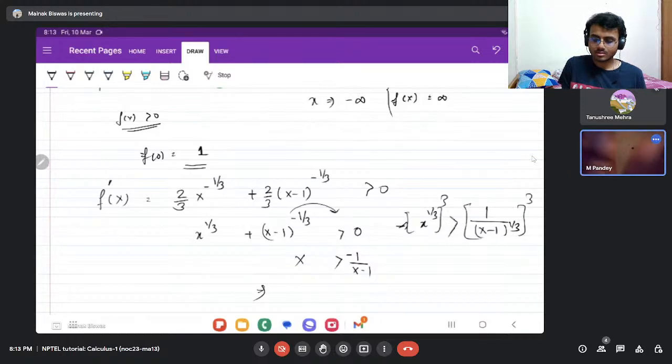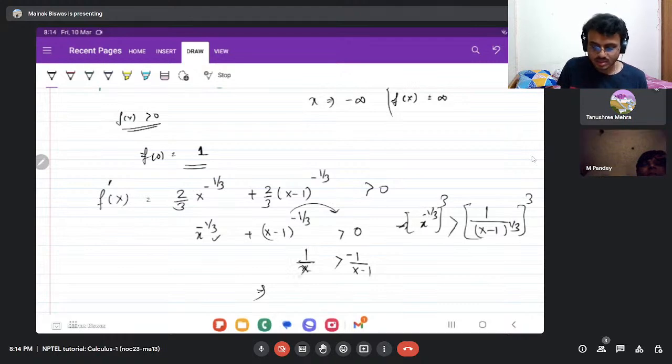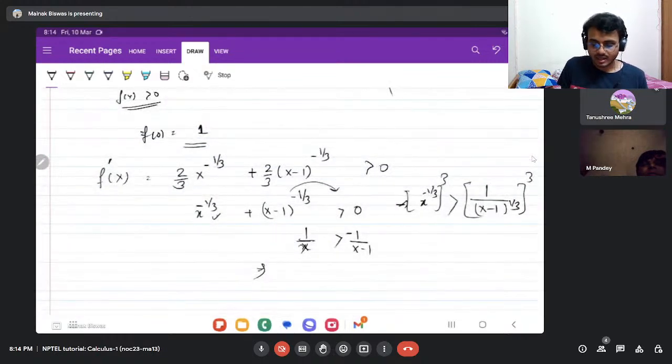Please see the question, it is x to the power 2 by 3. That's a typo error. This is very simple, right? So x greater than this, which means minus x is less than x minus 1, right?